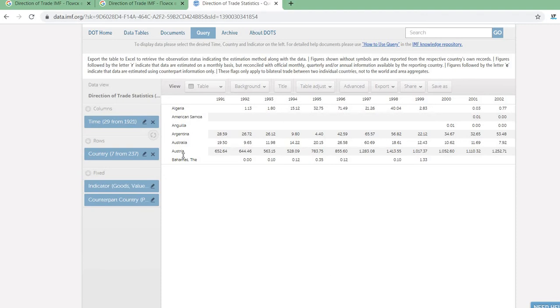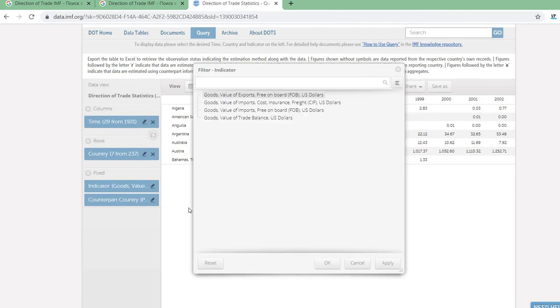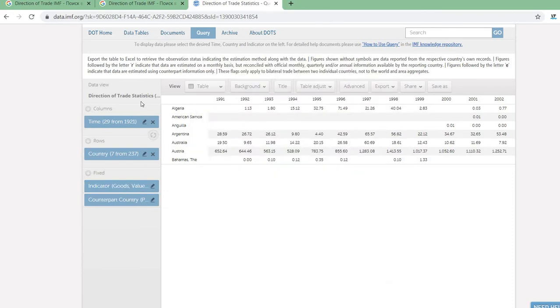Okay, so please keep in mind that here those countries are treated as the reference countries. So basically, for instance, in this cell, I have export of Algeria to Polish economy in period 1992.